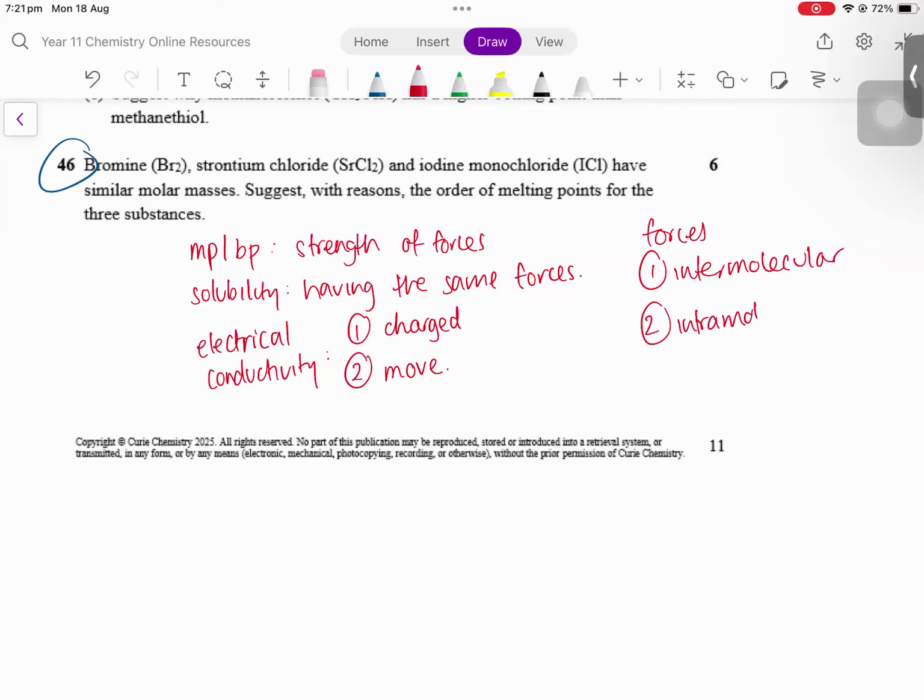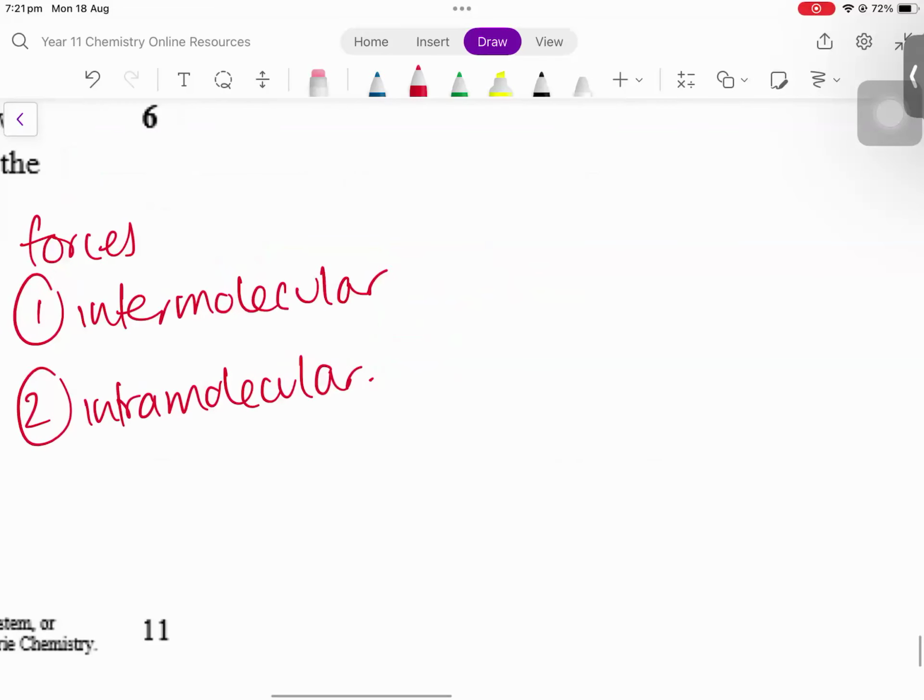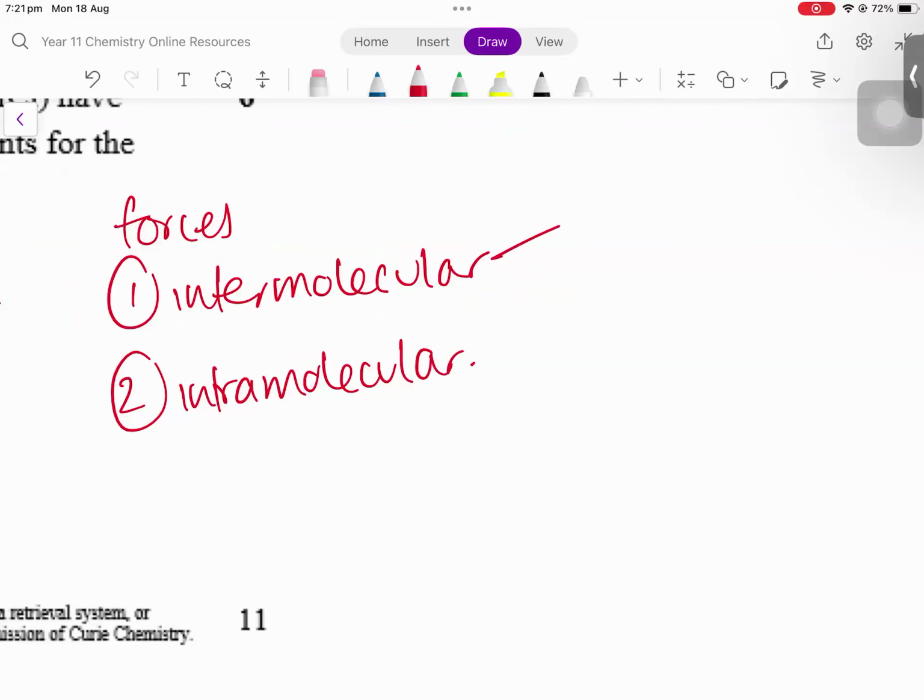Now, you need to know what kind of forces you talk about depending on what the chemicals are in the question. Guys, with intermolecular forces, that's only for covalent molecules. Intermolecular forces exist between molecules, which means your chemical has to be a molecule in the first place.